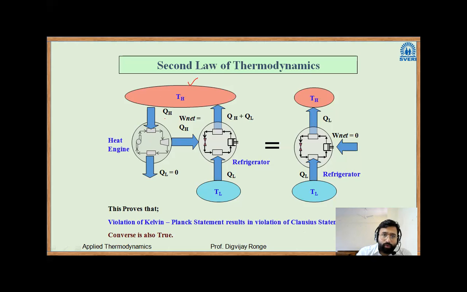It receives an amount QH and violates the second law, the Kelvin-Planck statement. How does it violate? It converts all the heat into net work, and the heat rejected is zero. Now all that work output becomes the work input to the refrigerator. Here it extracts an amount of heat QL and transfers an amount QH plus QL.